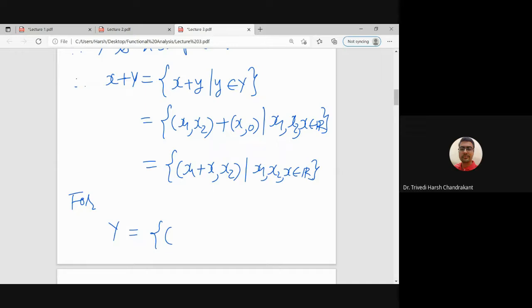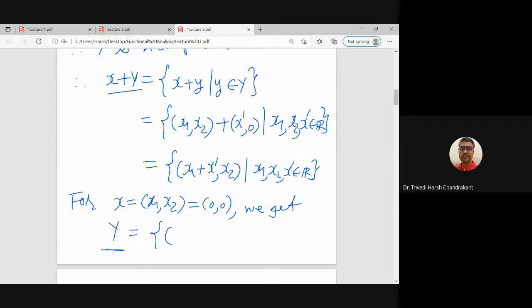So I made some mistake. I'm writing X here also, and X here also. So let us correct that. Okay, so now X is 0 means X is (X1, X2), that is the 0 element. So if X is 0, we get X plus Y is Y, right?